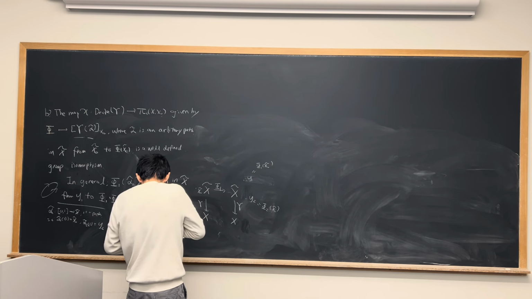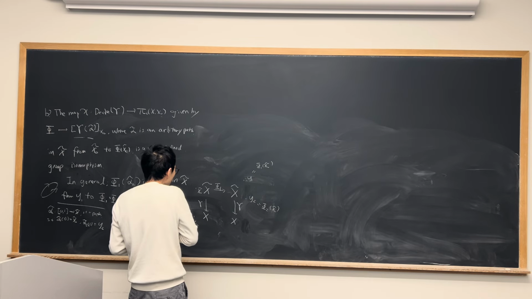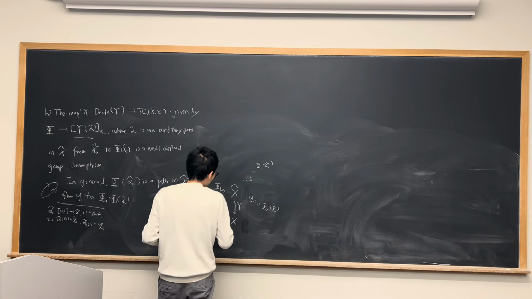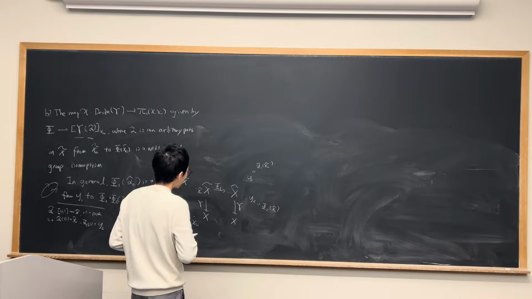And then what is the path? What is the gamma tilde? It's a path with initial point x naught.